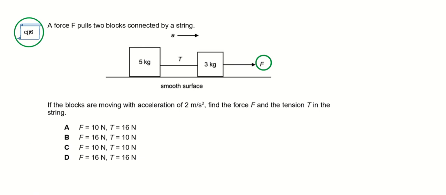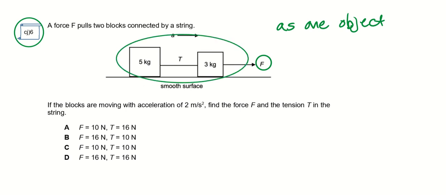Now the way to do this question is to treat the two blocks as one object. The rationale is very simple. Imagine they are pulling something like that. You would just think of them as a combined mass of 8 kg. So let me draw the free body diagram. It is as if your force F is pulling a block of 8 kg, right?